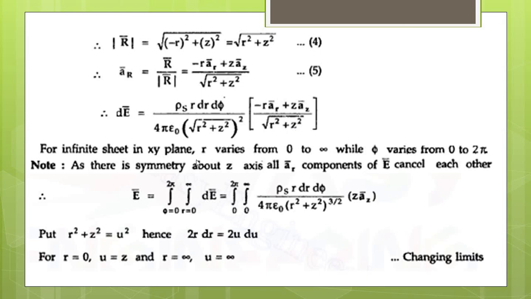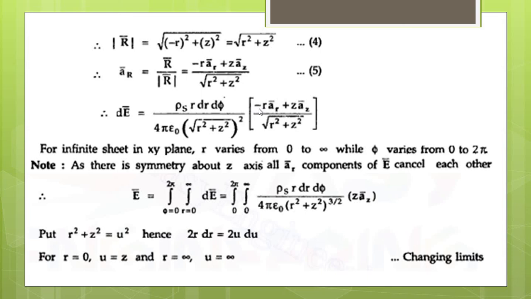Now here also we need to consider one important term. This infinite sheet is located in the XY plane. So there is symmetry about the Z axis. So all the r terms get cancelled. There is symmetry about Z axis.